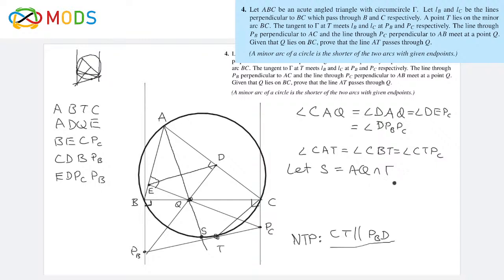And then BQ times QC equals AQ times QS equals EQ. I mean, wait a minute.